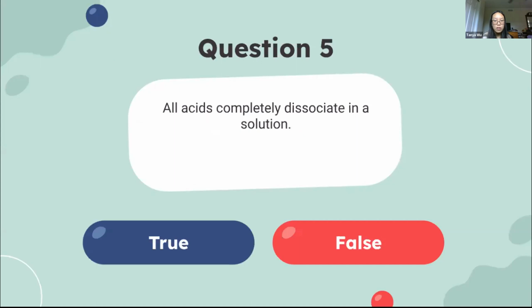Next statement: all acids completely dissociate in a solution.